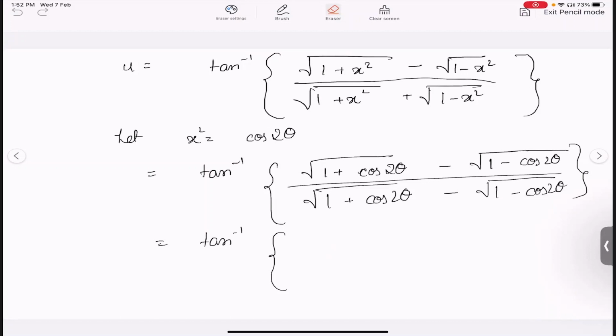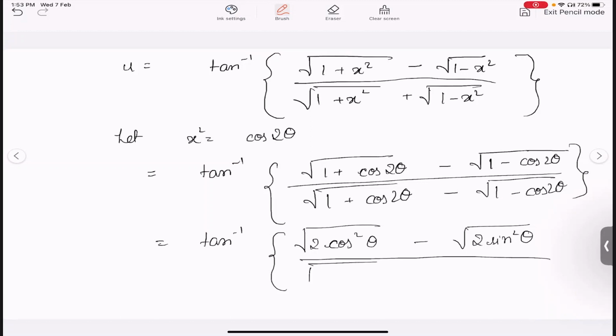square root of 2 cos square theta minus square root of 2 sin square theta, by square root of 2 cos square theta plus square root of 2 sin square theta. I think I've messed up the sign here.